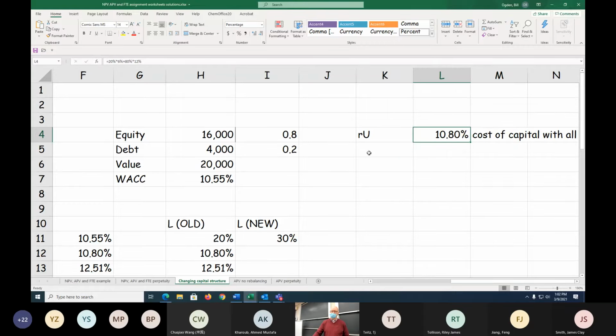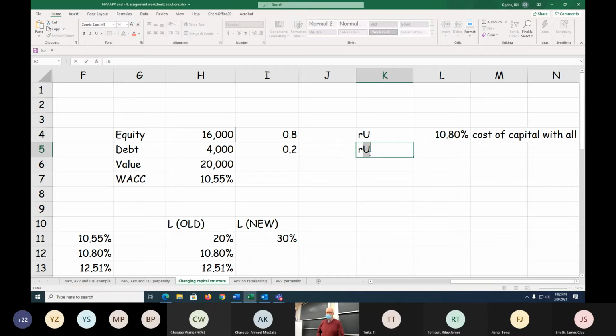Okay, so let's continue. Let's do our new RE, and this is after the buyback. So let's start it.